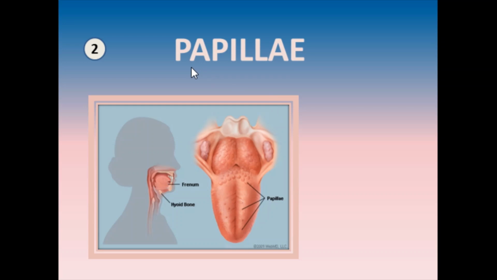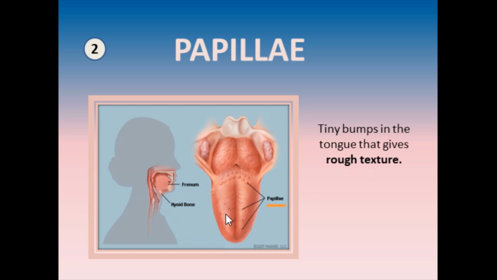Everybody, repeat after me. Papillae. Your turn. Okay, good job. The papillae is this one. Can you see the 3 lines? These are our papillae. These are the tiny bumps in the tongue that give rough texture.